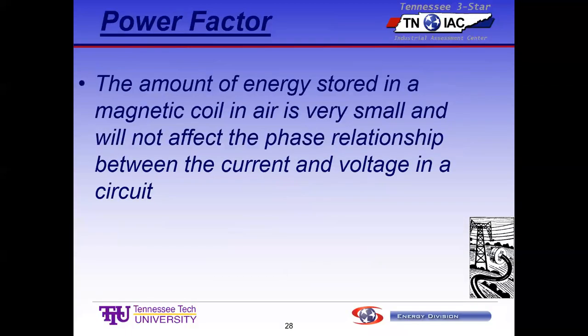Okay, so the amount of energy stored in a magnetic coil in air is very small and doesn't affect much of anything, because air doesn't store much magnetic energy. And it won't affect this phase relationship.